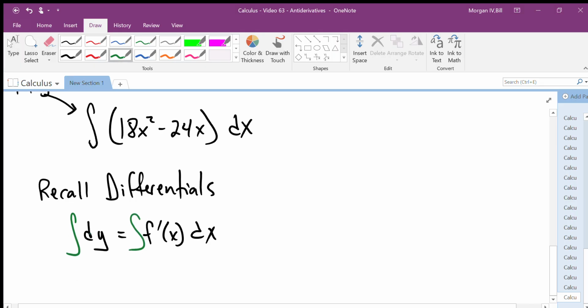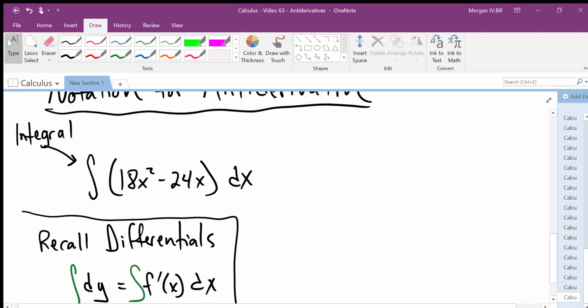The antiderivative of dy would be y. The antiderivative of f prime of x dx is what we're trying to find, and that will give us our function f of x plus some constant c. I'll talk more about that in a second. So this symbolism, with the dx and the derivative function 18x squared minus 24x, reminds us of the differentials that we did before.